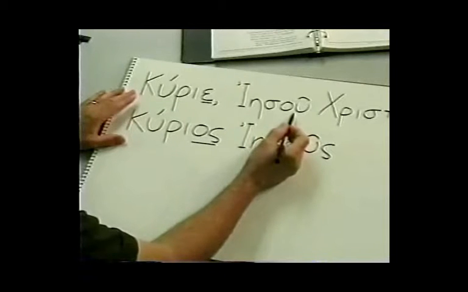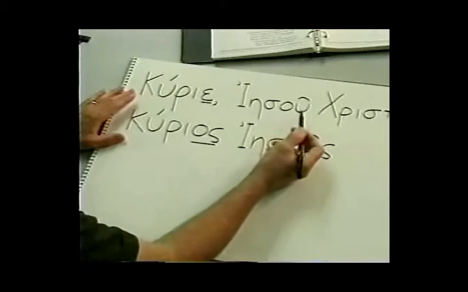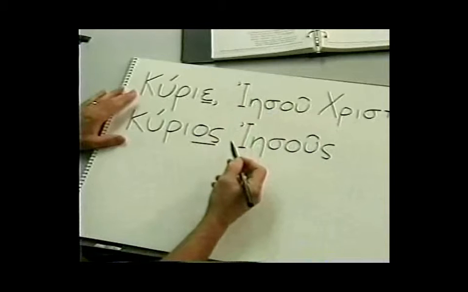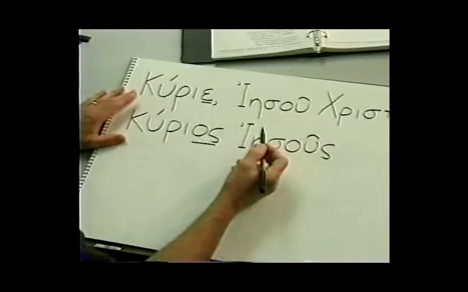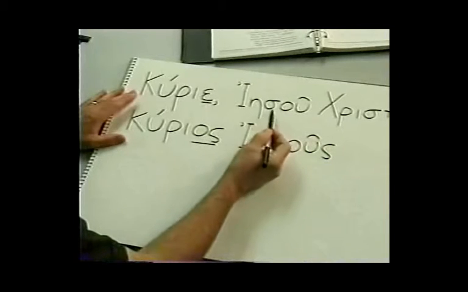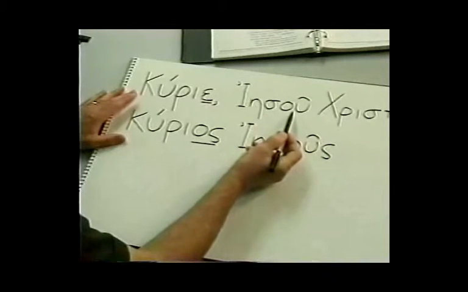Well, you would know because of its relationship within the context of a sentence, its relationship to the other words around it. And if this word Jesu is further naming or further describing this word Kyrie, and if this word Kyrie is vocative, then the word Jesu is also vocative.